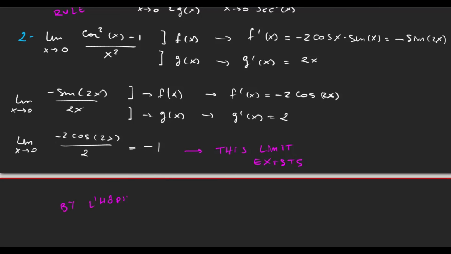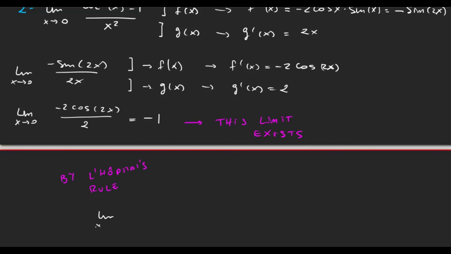Then by L'Hopital's rule we know that the limit when x tends to 0 of minus sine of 2x divided by 2x is going to be the same as the limit when x tends to 0 of minus 2 cosine of 2x divided by 2, and this one was equal to minus 1.